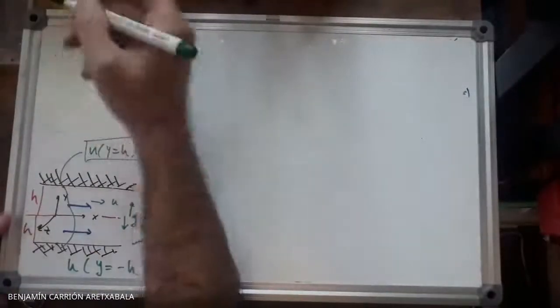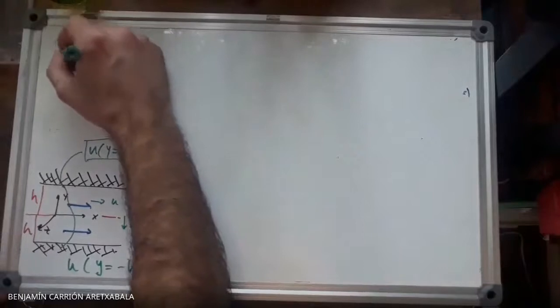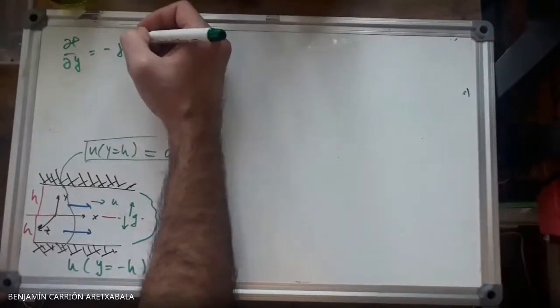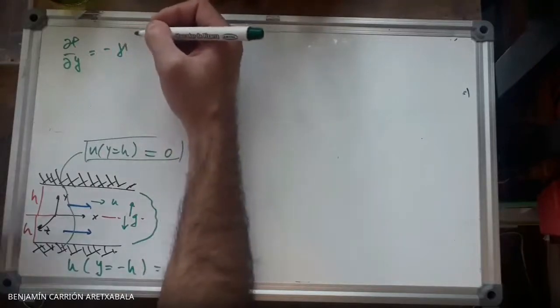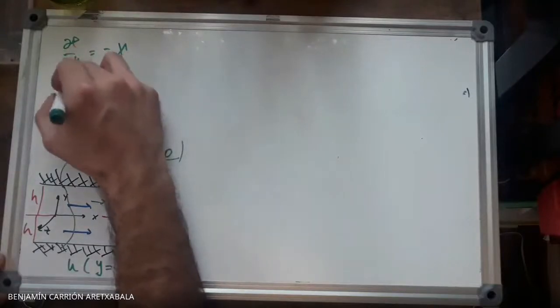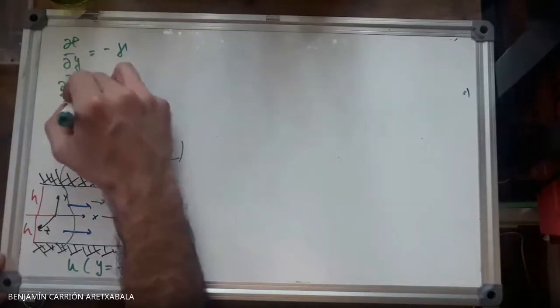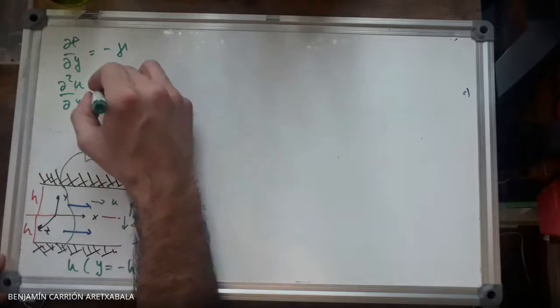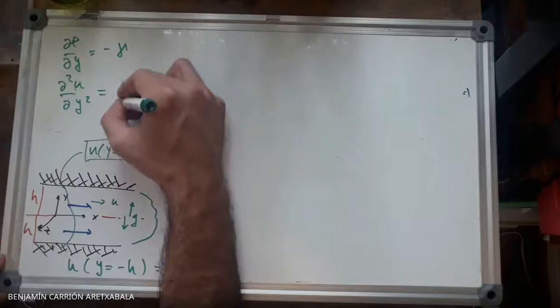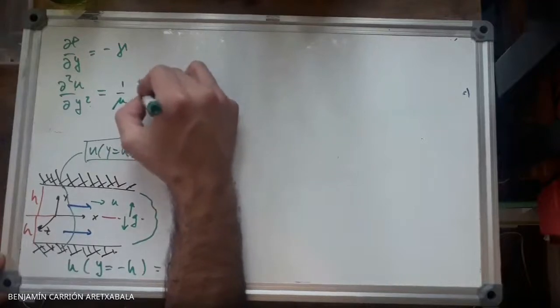Okay, so we said the p at the y is just minus gamma y. So pressure decreases upwards. This is right. And we have the second derivative of u with respect to y is 1 over mu dp at dx, right?